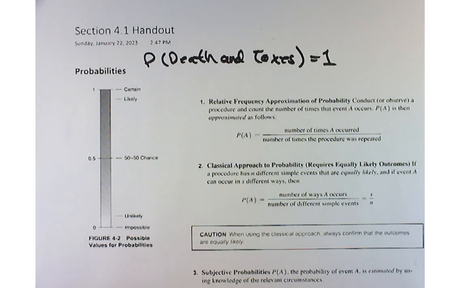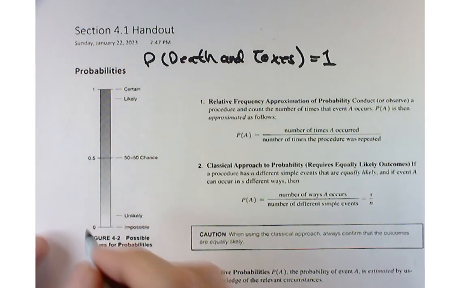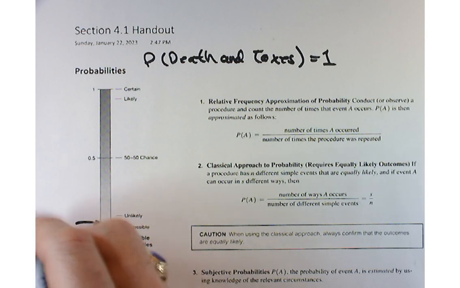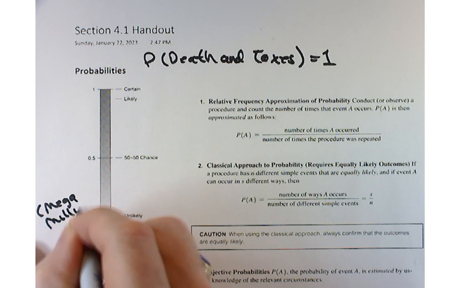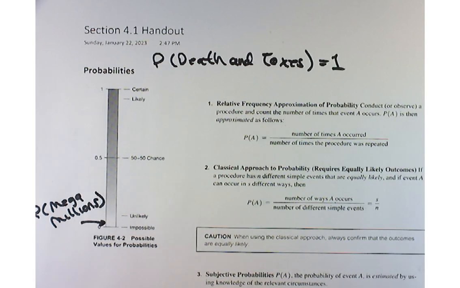Now, on the other end of the scale, virtually impossible, maybe just above the 0, is the probability of winning the Mega Millions. Which, for perspective, is like the probability of flipping a coin 28 times and getting heads 28 times.